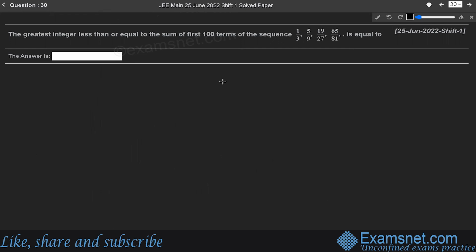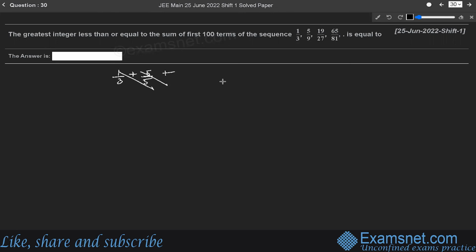Next question is: the greatest integer less than or equal to the sum of the first 100 terms of the sequence 1 by 3 plus 5 by 9 plus so on. Here the sequence is 1 by 3 and 5 by 9. So first let us not do the sum.